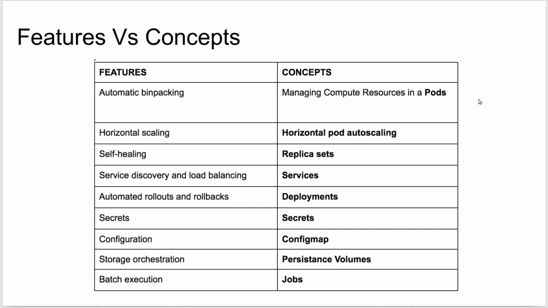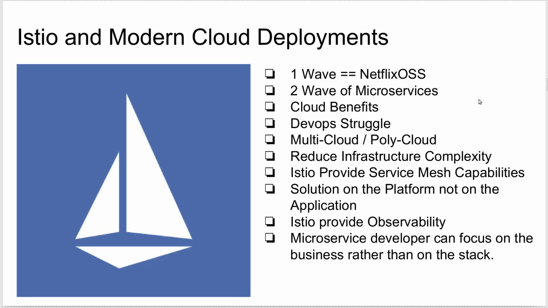There is storage orchestration, which in Kubernetes we call persistent volumes, because Kubernetes runs on Docker, so by default you're gonna lose everything there because it's ephemeral. However, you can define persistent volumes and then you're not losing the data. And also you can do batch execution in Kubernetes, where we use the concept of jobs.